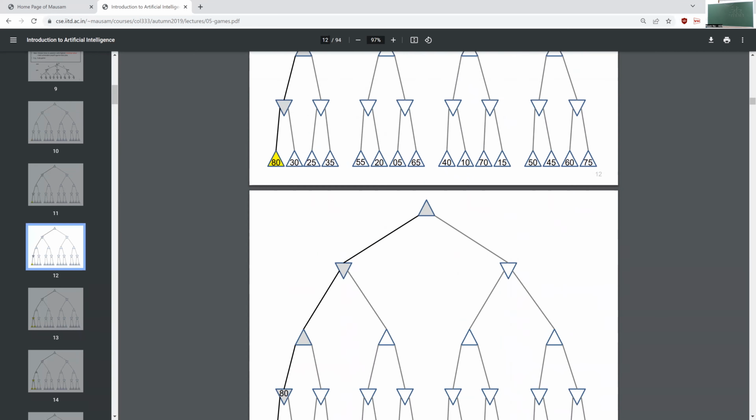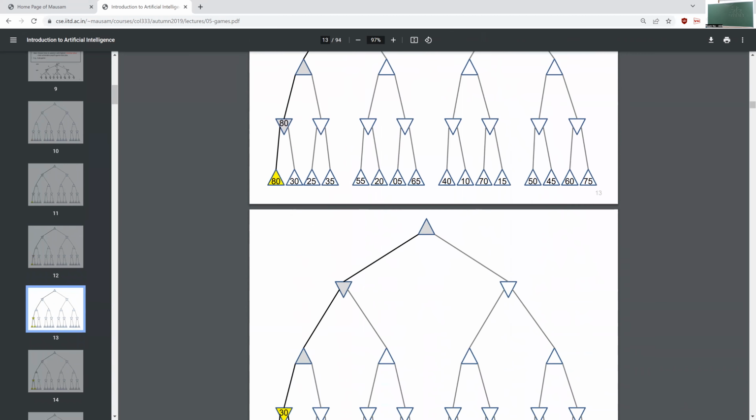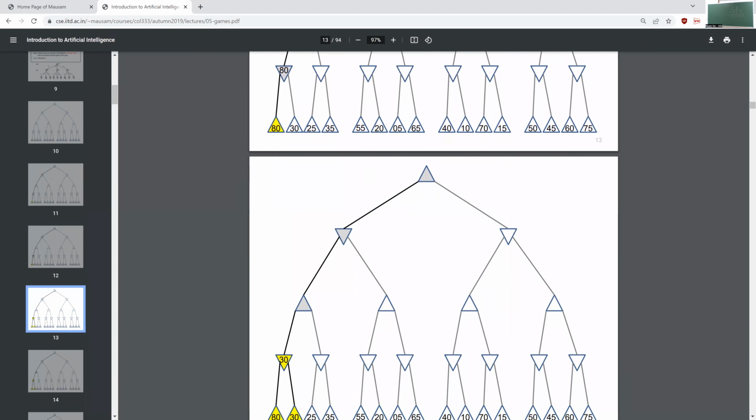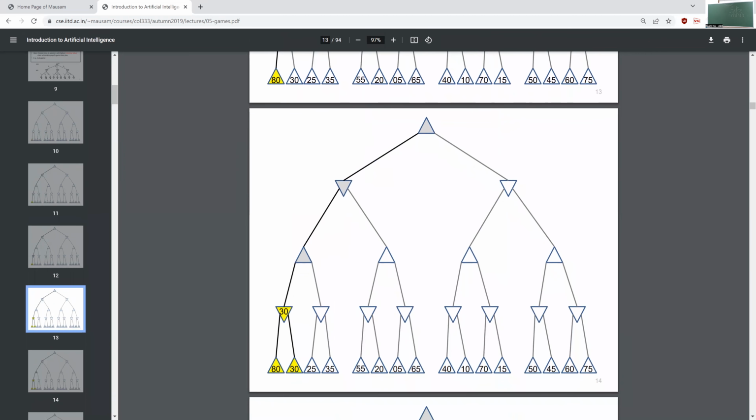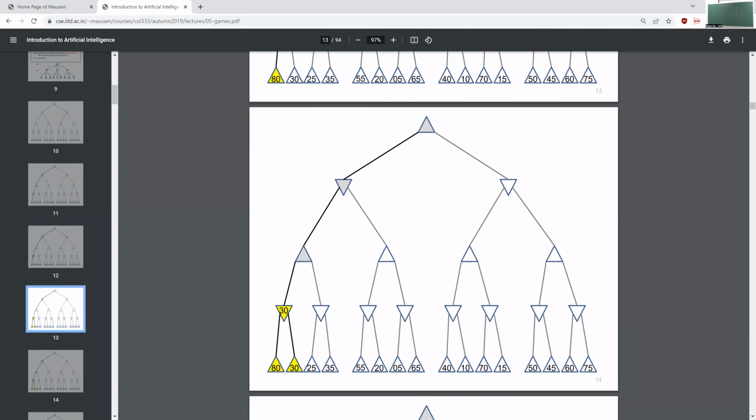So this algorithm is essentially doing a depth first search. If you follow this picture, you start from the root and look at the black tree: the algorithm will recursively come down until the leaf nodes where the values are known.